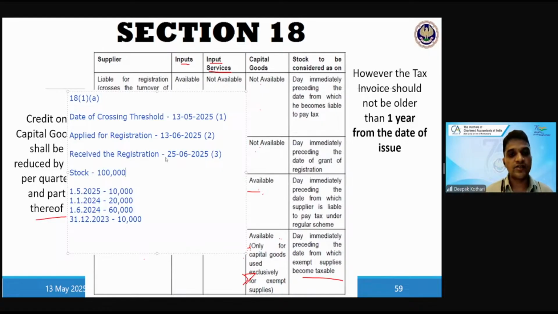Now, what all credits can you claim from this? The 1 year limit will not apply in case of capital goods, only in case of inputs. So this is the stock as on 12th May.